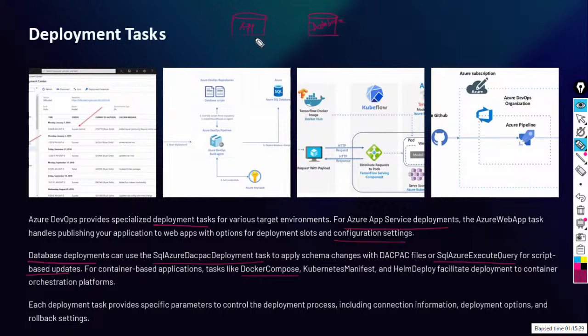So your application will talk to the database, and the database will provide data and updates and read facilities to the application. So they need to be one release package and deployed.